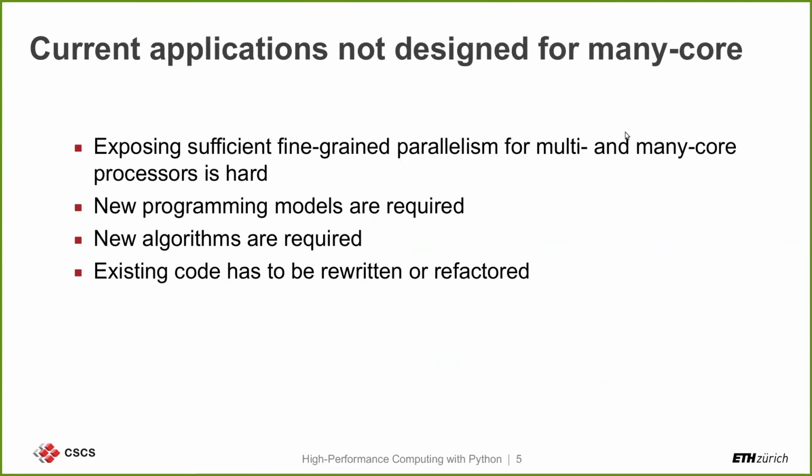And current applications are not designed for many cores. So we have to expose and develop this fine-grained parallelism in our applications so that we can take advantage of it. And new programming models were required for this. New algorithms are required many times. So an algorithm that is optimized for CPU execution in many cases is not suitable for taking advantage of the GPU and its programming model.